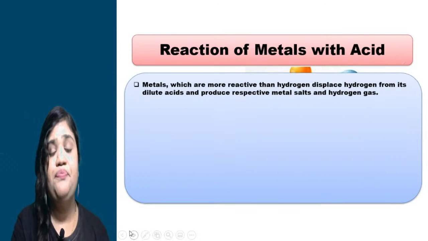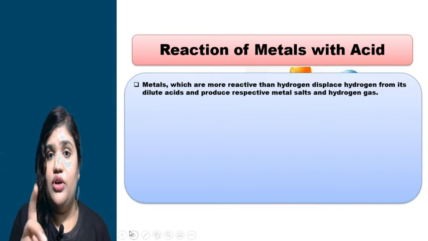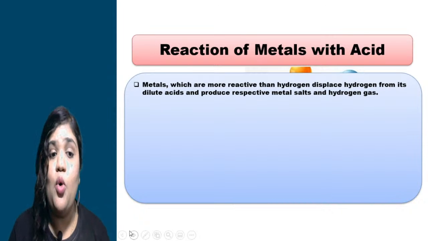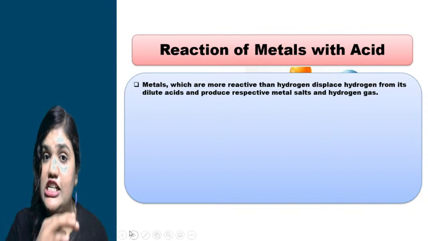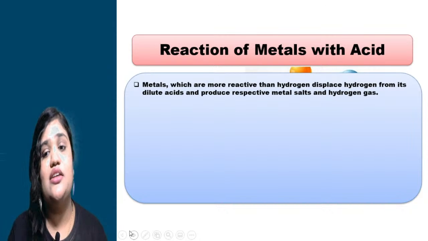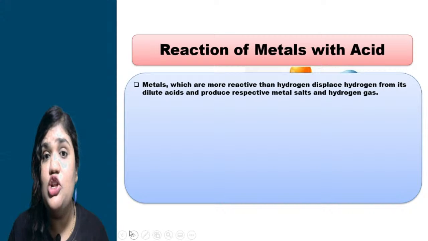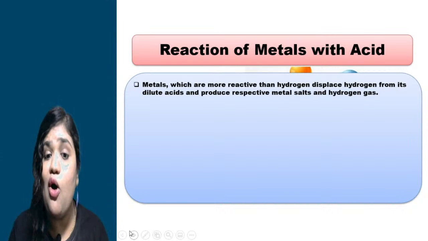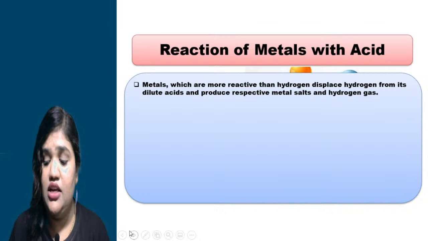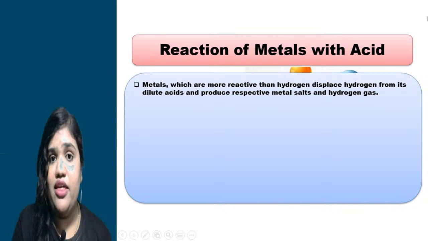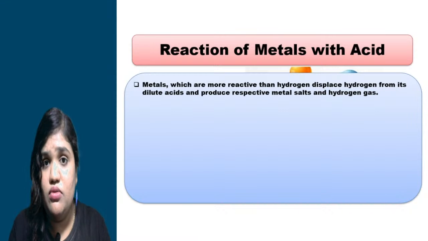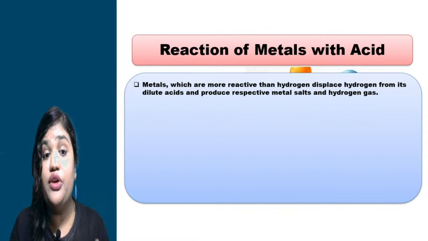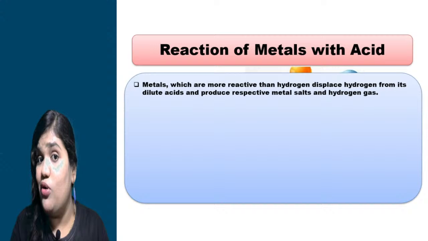Let's find out. On your screen, metals which are more reactive than hydrogen displace hydrogen from aqueous or dilute acids and produce respective metal salts and hydrogen gas. So basically the metal is going to react with the dilute acid, not the concentrated one.